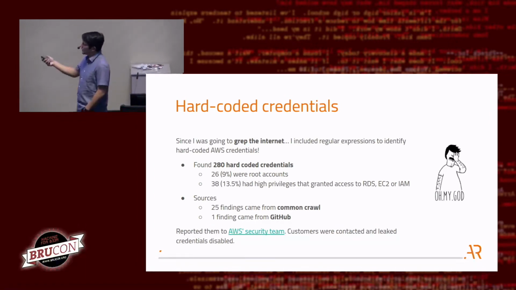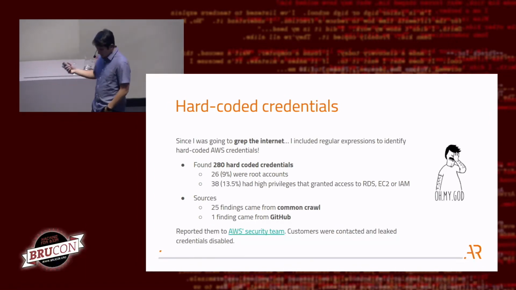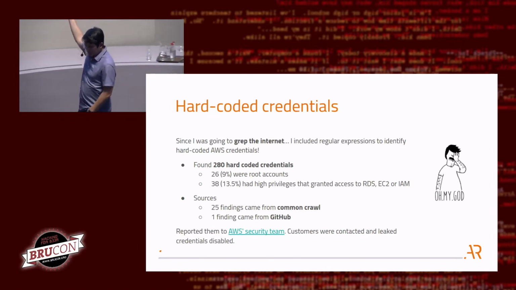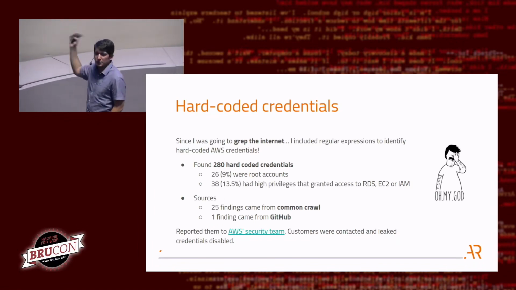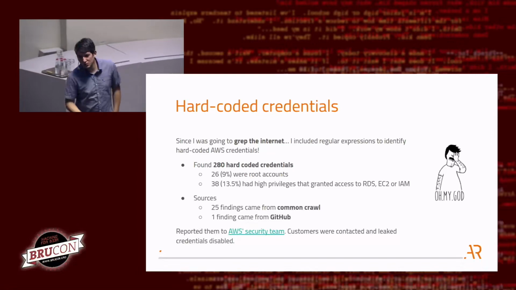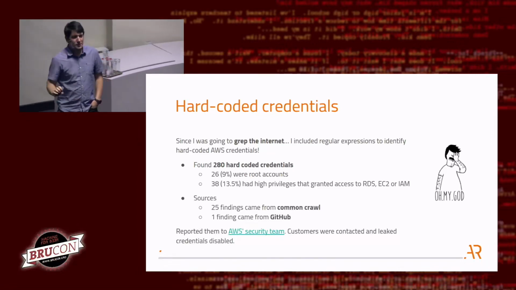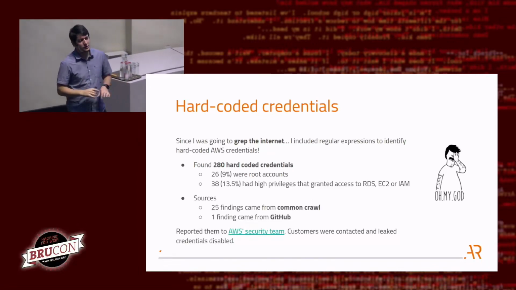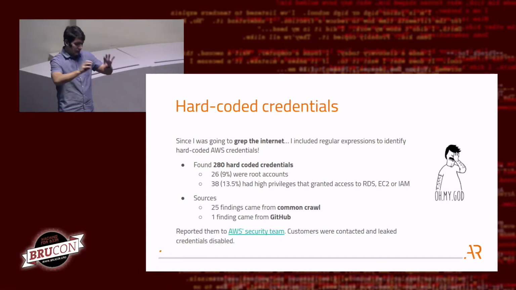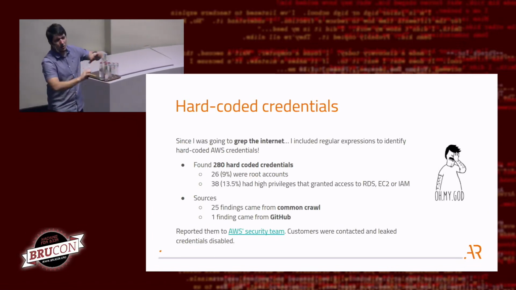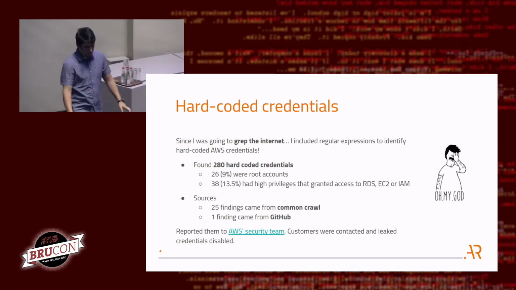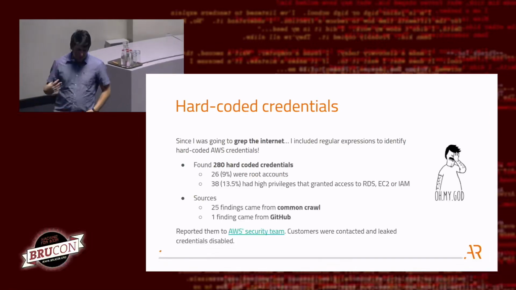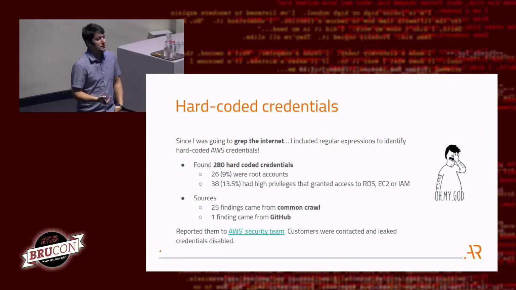I notified the AWS security team about all this, not only about the hard-coded credentials, but also when I was starting with this research. Before I did anything, I sent them an email and told them I'm going to be doing this, this, and this, and then I'm going to be doing this and this. I explained the whole process to them before starting, because the whole process is really noisy.